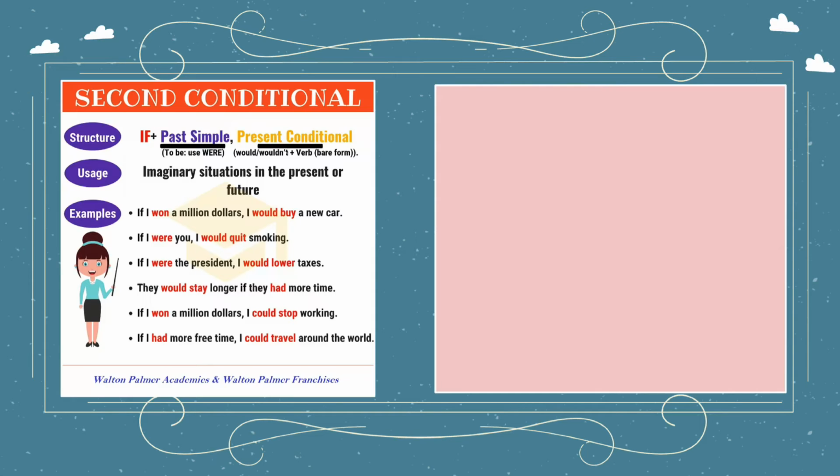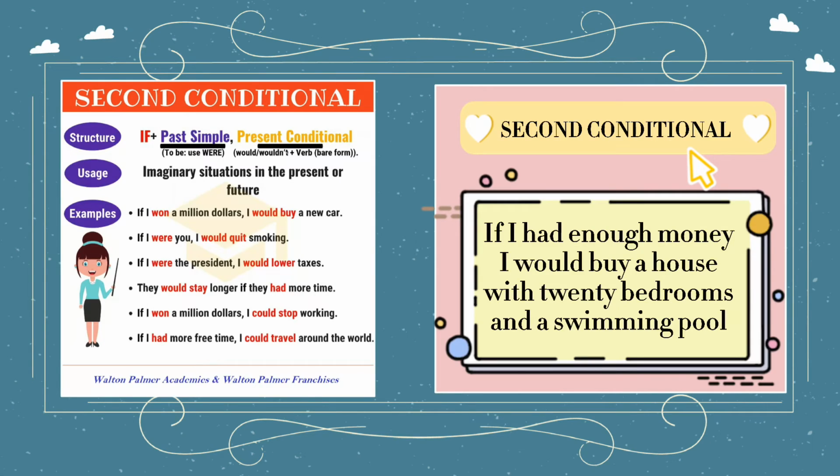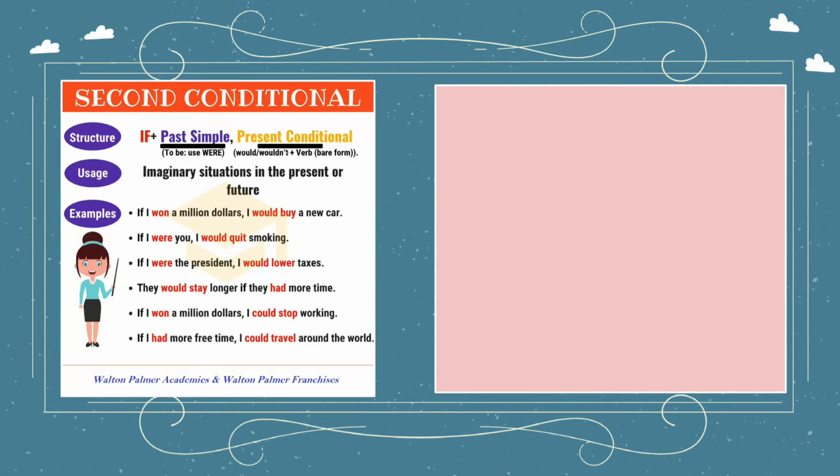Therefore, how is this different from the first conditional? It is because it is a lot more unlikely. For example, the second conditional, if I had enough money, I would buy a house with 20 bedrooms and a swimming pool, which is not going to happen, I do not have this much money, it's just a dream, and it is impossible to happen.